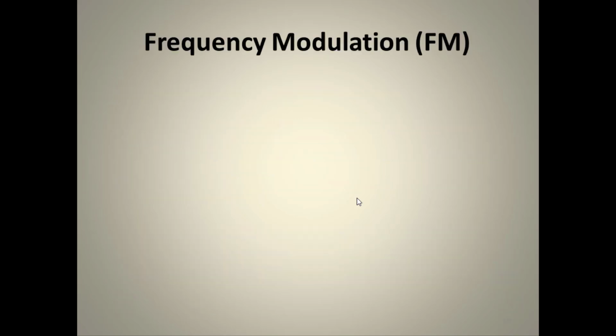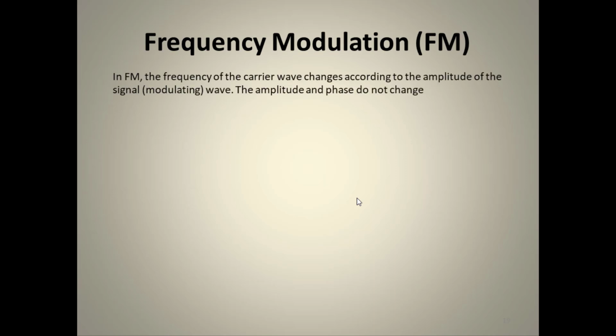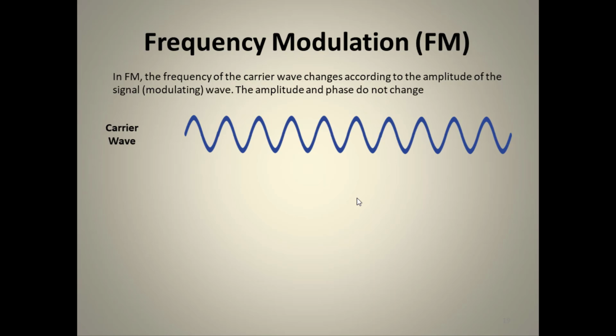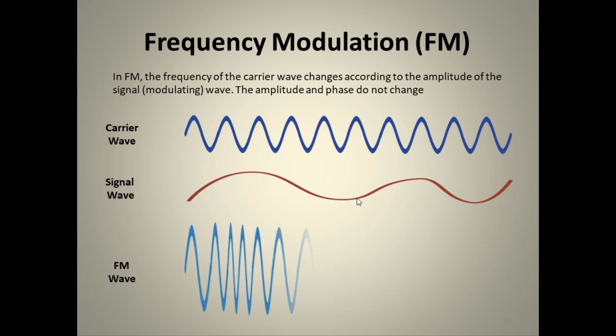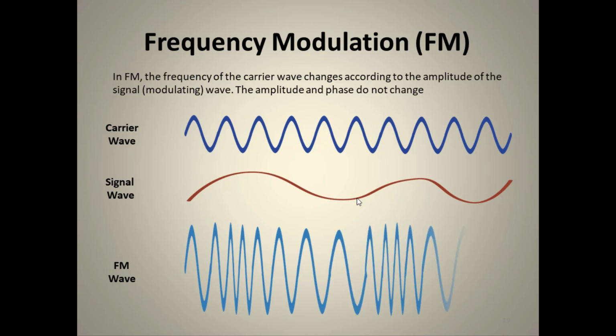Now next is FM, that is the frequency modulation. In frequency modulation, the frequency of the carrier is changed according to the amplitude of the signal wave or the modulating wave, that is the information. The amplitude and phase do not change. This is the carrier wave again, and this is the signal wave. In this case, the amplitude is not varying, but the frequency is varying.